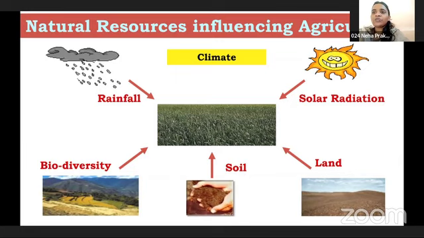Another is solar radiation; without that, plants cannot survive. Another is different types of biodiversity. In India, there are different agroclimatic zones, which lead to the growth of different plants in the system. So biodiversity is one factor influencing agriculture, and another most important factor is soil and land.